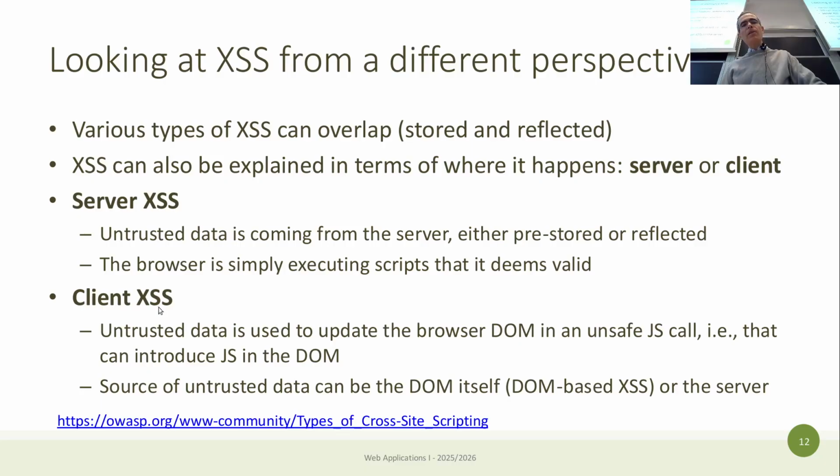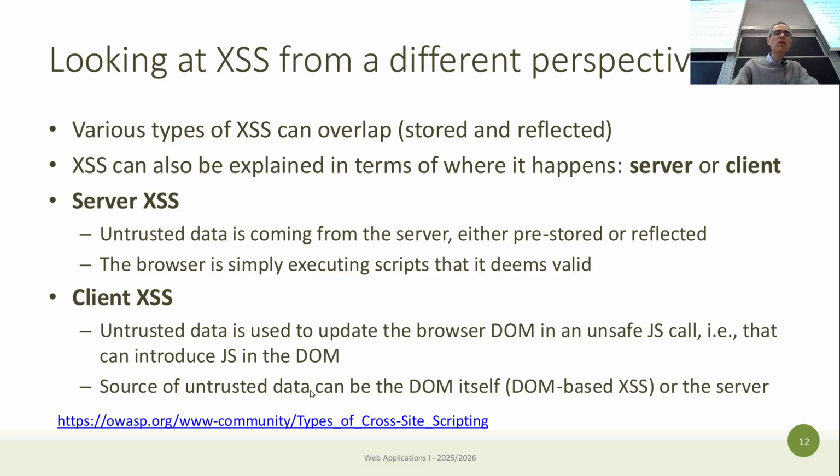Okay, client cross-site scripting attacks, and the point is that some untrusted data is used to manipulate the DOM inside the browser, okay? As we saw with the DOM-based cross-site scripting attack, because we used a library that wrote code that was unsafe, like trying to execute code based on some content that was unsafe, okay?